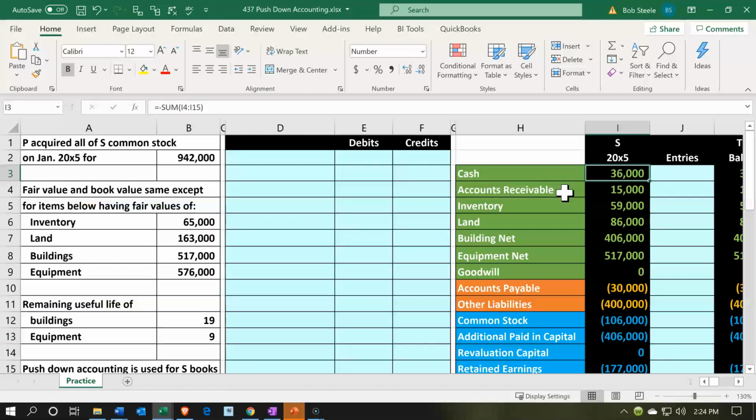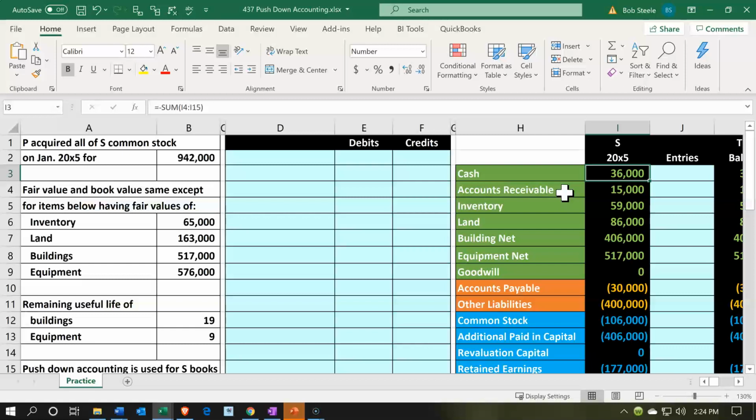Only ownership has changed. However, due to us wanting to make the consolidation easier and due to the fact that there has actually been an exchange that took place, there is some justification for us revaluing at this time. We want to revalue S's accounts so they tie out basically to the sales price.